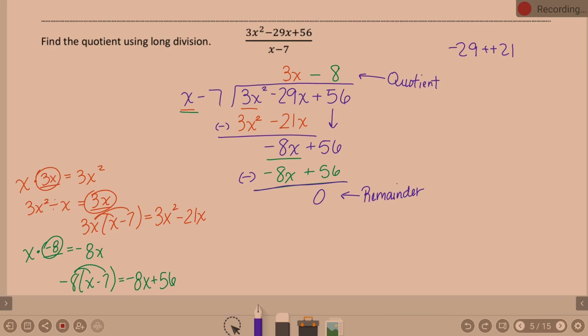If you're asked for the answer, what's the answer to this problem? 3x minus 8. Okay. I'm going to talk about this a little bit on the back side also. Because there's a remainder of 0, it divided evenly. It divided nicely. What that says is that x minus 7 is a factor of 3x squared minus 29x plus 56. And I'll put some details about that on our next example. But when you get no remainder, it tells us it's a factor because it divided evenly.